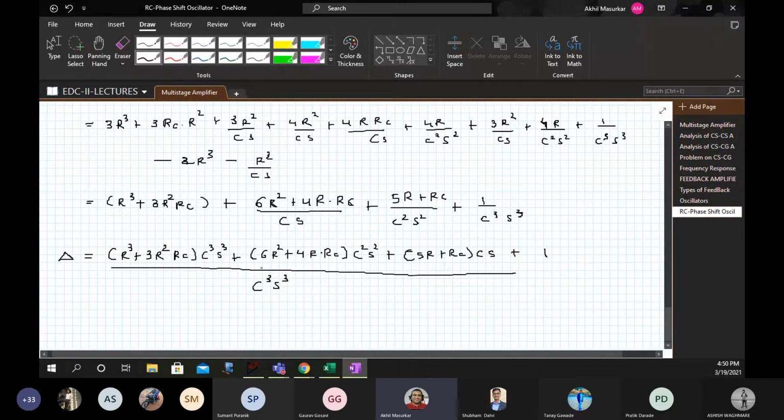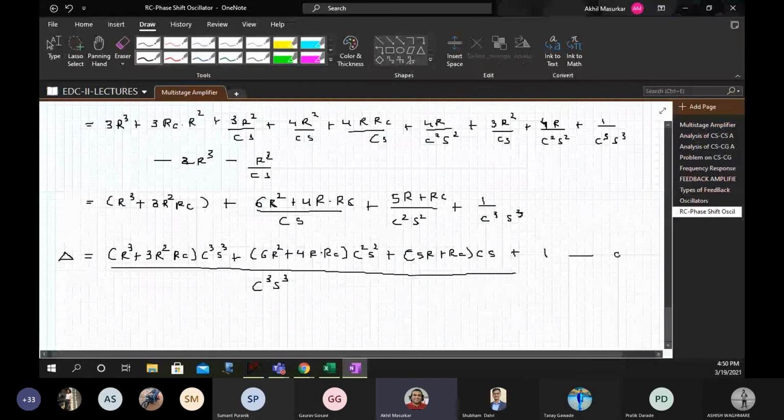So this is the value of your delta. I'll call this equation A.